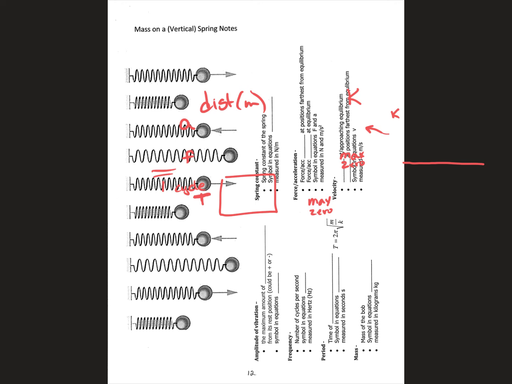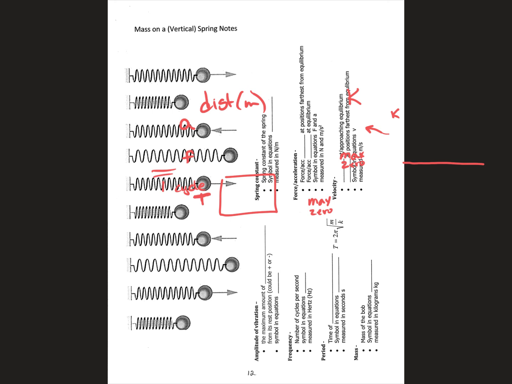If the equilibrium position is where it has not been stretched or compressed, here we would have a maximum displacement, and we would have the spring pushing back toward the middle. Here, at the far maximum displacement, the force of the spring is back toward the middle. And that's referred to as a spring force. We learned about that a little bit earlier in the year. We didn't do as much with it, okay?